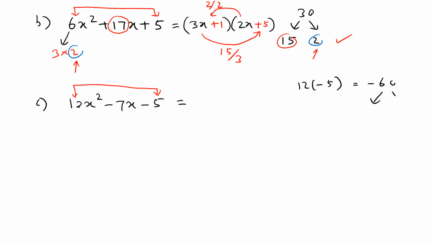So think of two factors that are going to add up to negative 7. You can see that those factors are negative 12 and 5. Negative 12 and 5 add up to negative 7. So you get the middle term. That means we have the right factors.